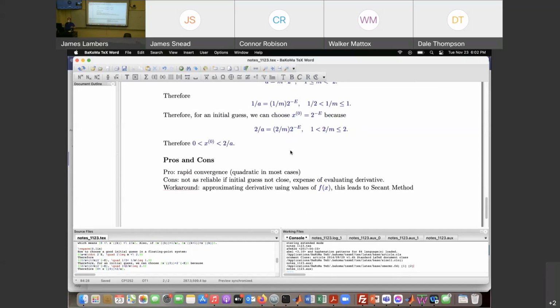And yet we saw fixed point iteration generally converges linearly, and can converge more rapidly in certain isolated cases. But Newton's method will converge quadratically most of the time. That's the huge benefit of it. But there are multiple drawbacks. You need a good initial guess. In certain cases, you may be able to get away with a faraway guess, like for instance, if the function is convex. You can do that, but for a more ill-behaved function, if your initial guess is not close, the iterates could easily diverge.